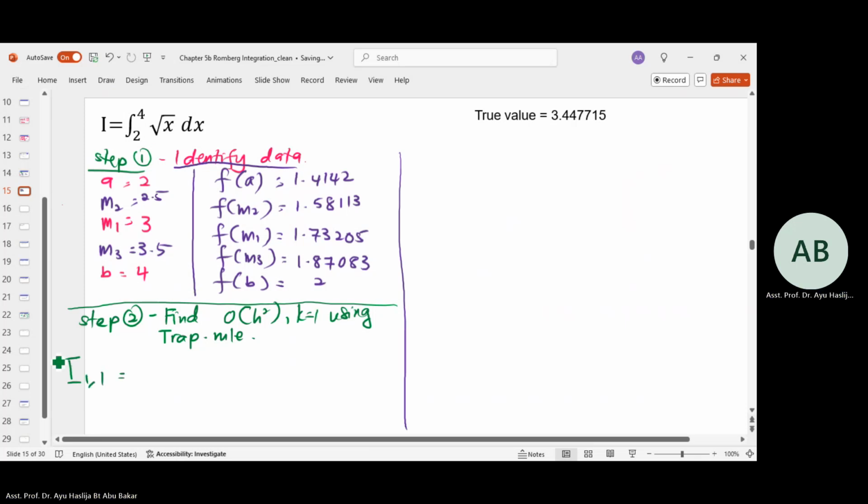I11 just now is H multiplied by (FA plus FB) over 2. This is a single application, so we straight away use the single application trapezoidal rule.